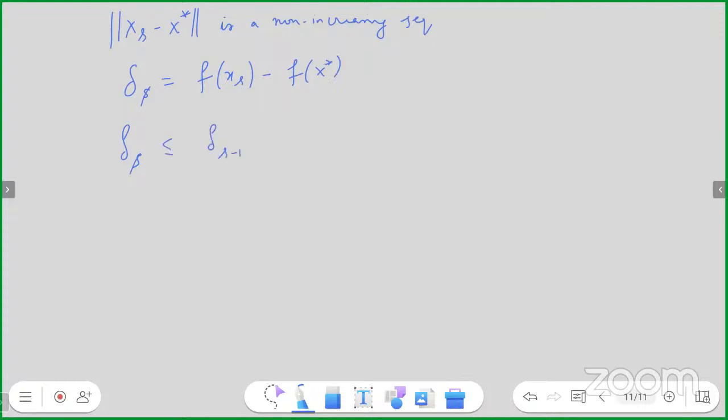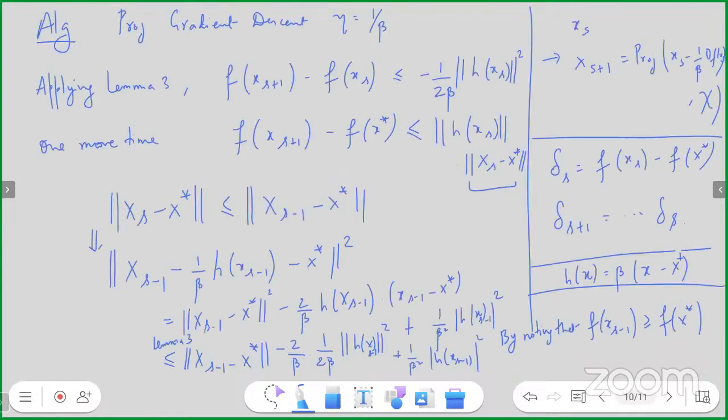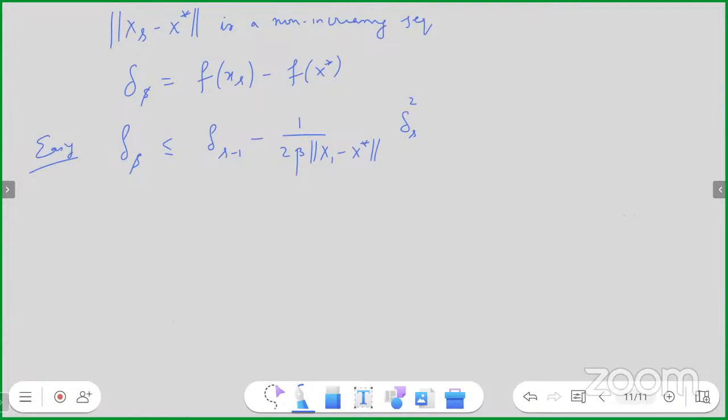Del s minus 1 minus 1 by 2 beta x1 minus x star del s square. This is easy just by what we have got so far. These two things which we already showed directly give us this quantity, and you solve it for delta s. Delta s is less than or equal to 3 beta x1 minus x star the whole square.